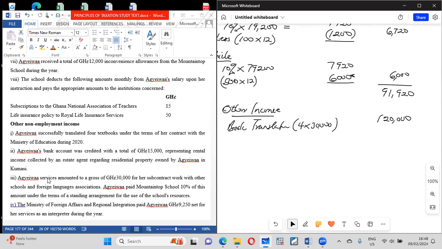Then what next? Ejiwa's service. We are told that Ejiwa's service amounts to a gross amount of 30,000 for her contract with the school and the foreign language translation. And it says that Ejiwa paid Mountaintop some of the money. So here is the gross.